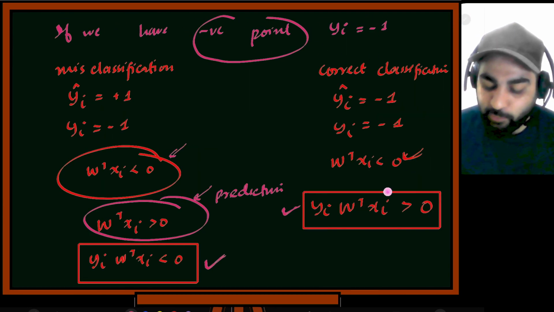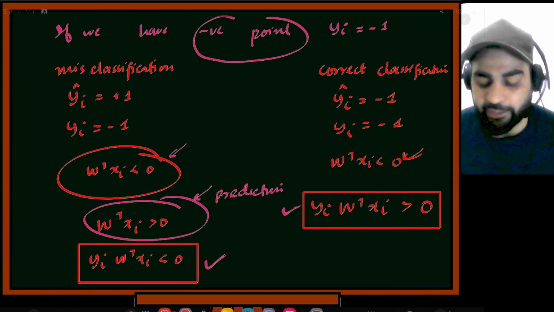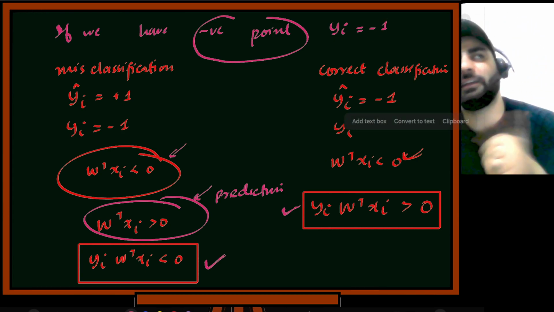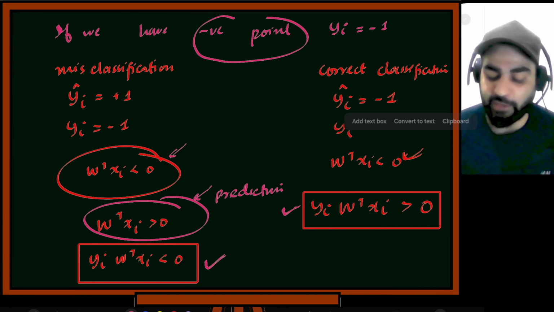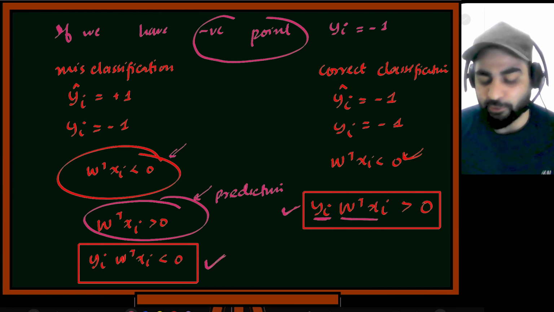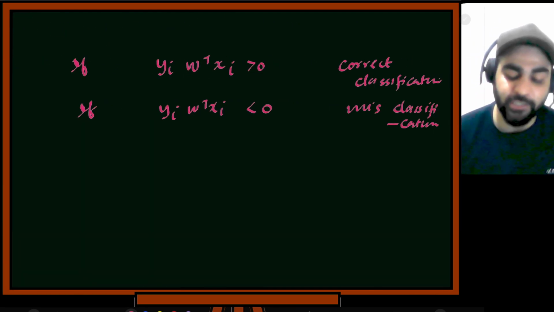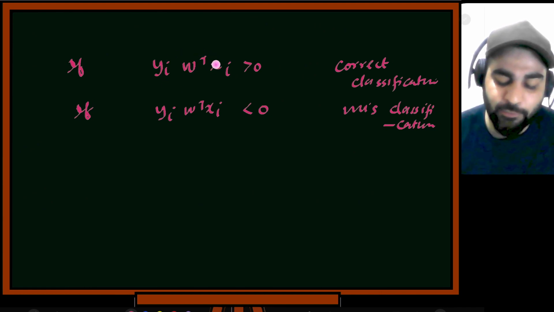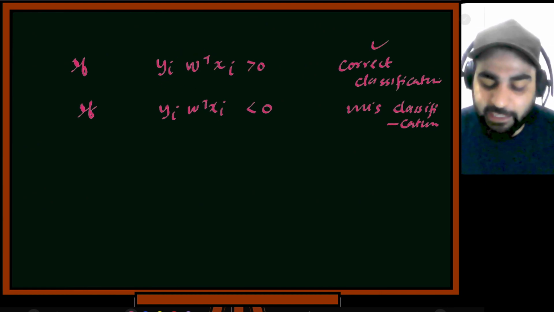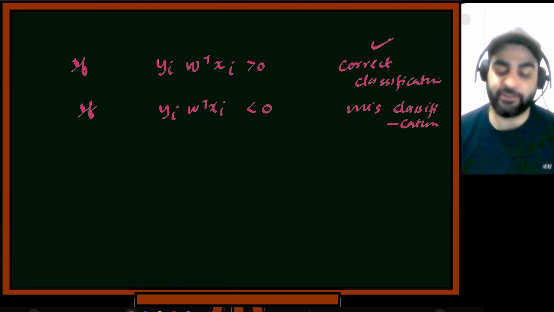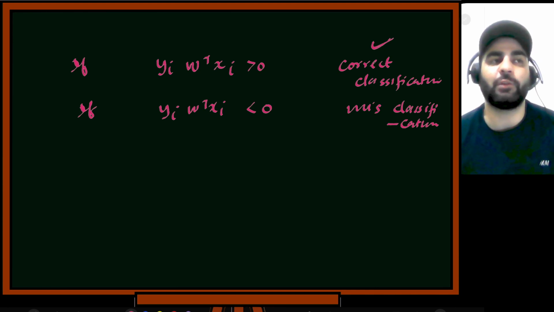Now w transpose xi was negative and the label was also negative. That's why I said we'll use +1 and -1, because it eased our formulation. So yi w transpose xi is greater than 0 because negative multiplied by negative gives a positive quantity. So if yi w transpose xi is greater than 0, it is correct classification. If yi w transpose xi is less than 0, it's a misclassification. Basically the point was misclassified.